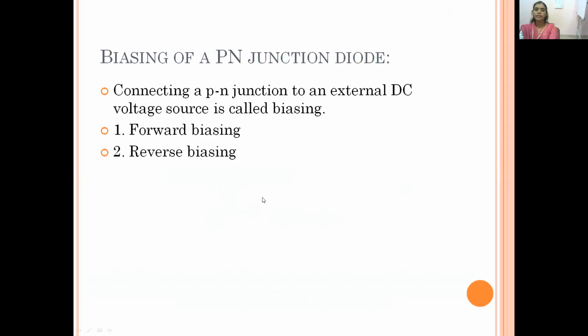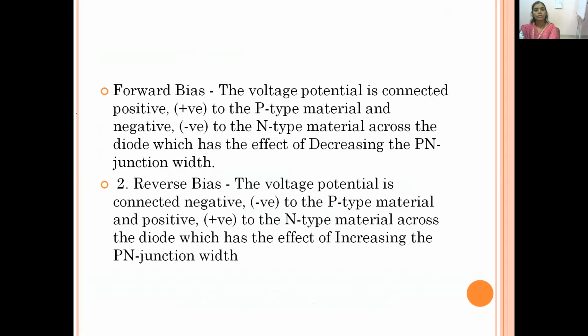Connecting a p-n junction to an external DC voltage source is called biasing. There are two types of biasing, forward biasing and reverse biasing. In forward bias, the voltage potential is connected positive to the p-type material and negative to the n-type material across the diode, which has the effect of decreasing the p-n junction width.